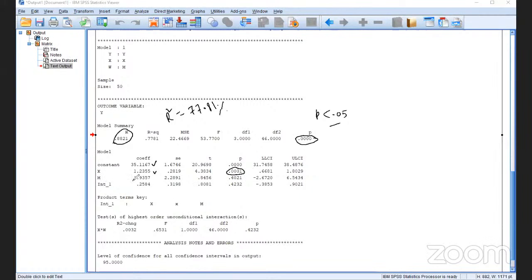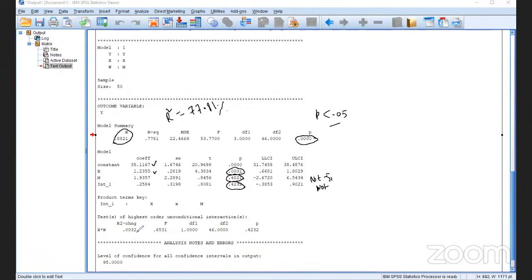But the moderator, gender, was the moderator in our study, and it is not significant. And the interaction term, the multiplication of X and M, whether it is significant or not. No, it is not significant. Not significant means our moderator variable is not working.